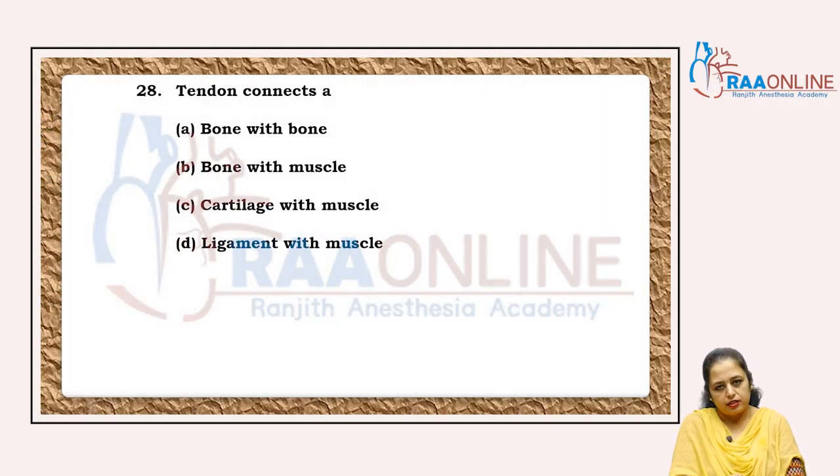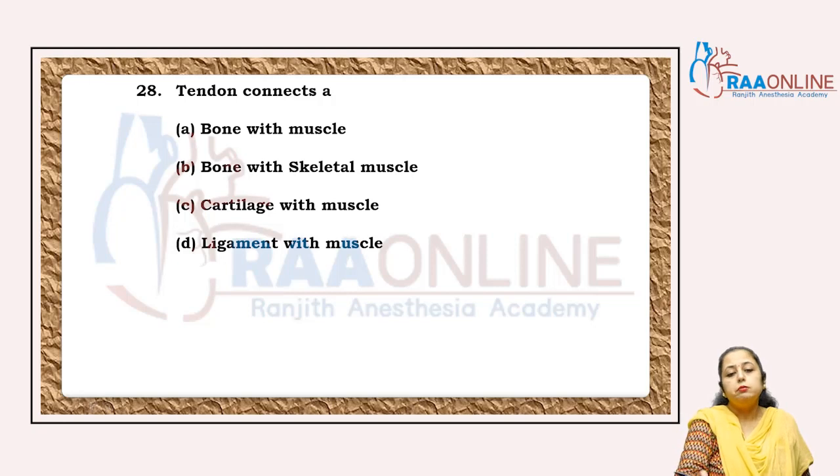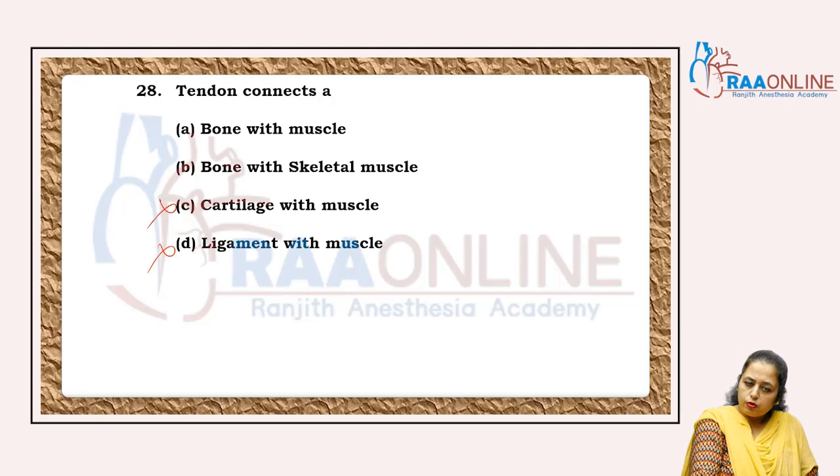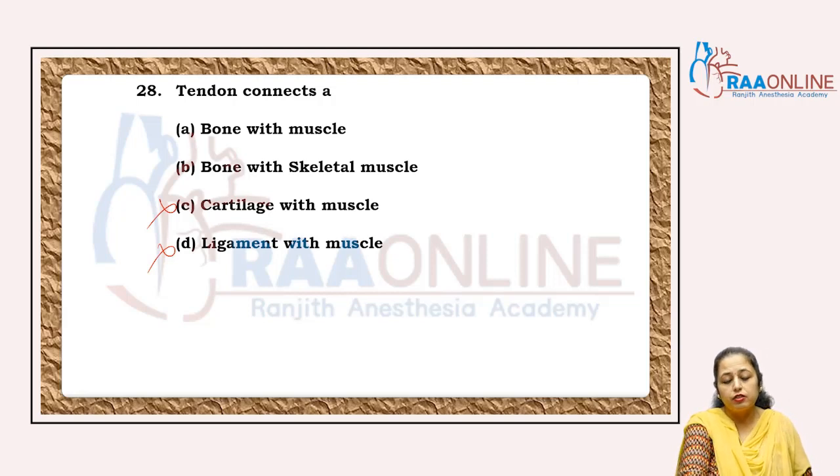Tendon connects bone with bone, bone with muscle, cartilage with muscle, or ligament with muscle? The correct answer is bone with skeletal muscle. Cartilage with muscle, no. Ligament with muscle, no. But when you read the option bone with muscle, you should still read the other options too.